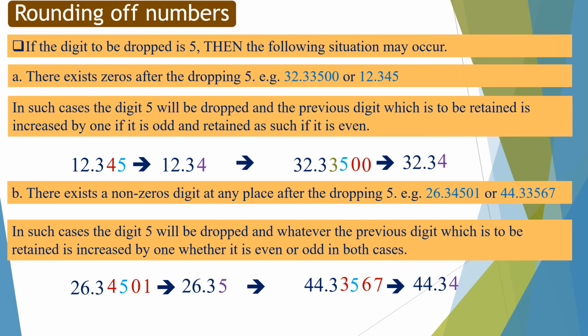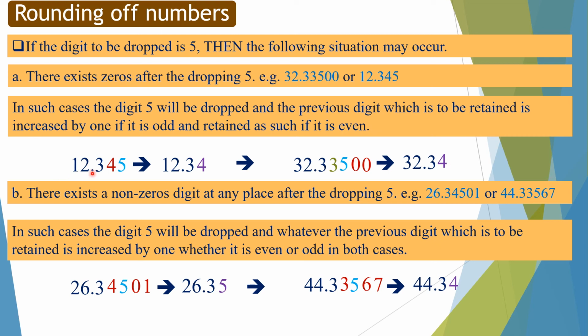If the digit to be dropped is 5, then the following situation may occur. There exist zeros after the dropping 5. For example, 32.33500 or 12.345. In such cases, the digit 5 will be dropped and the previous digit, which is to be retained, is increased by 1 if it is odd and retained as such if it is even.